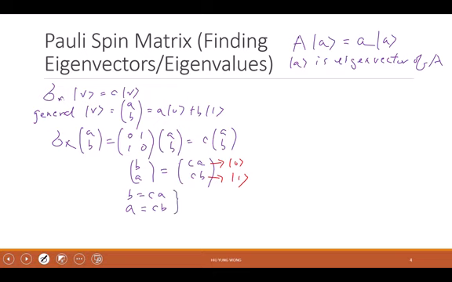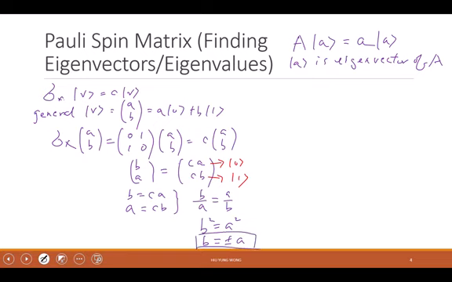Now, you can try to, for example, divide these two equations: b divided by a equals a divided by b. Then you have b squared equals a squared. And what does it mean? It means b equals plus or minus a.